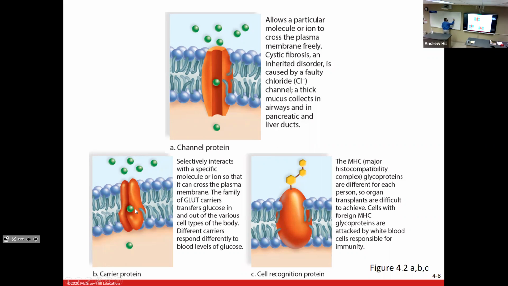For example, this is just a schematic. It doesn't look exactly like this, but you have your carrier protein sitting in the membrane. The way I always draw this is the inside of the cell downwards and the outside of the cell at the top.